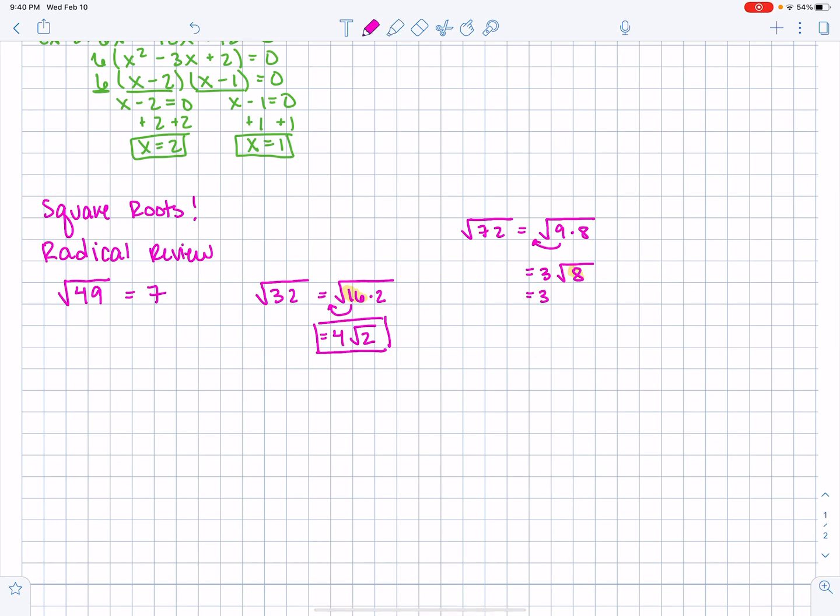And we could say 3 square root 4 times 2. When you bring the 4 out, it turns into a 2, and 3 times 2 is 6 square root 2, and now you have your final simplified version of this. So just a little review on those radicals before we get started.